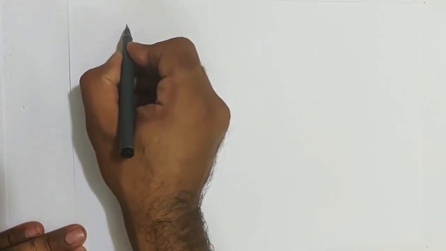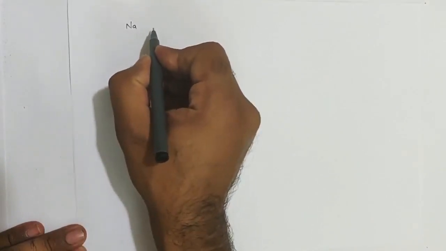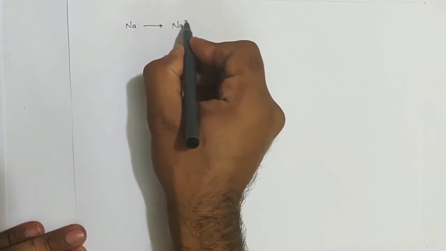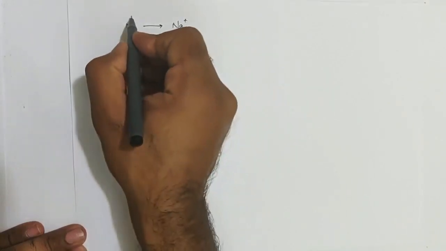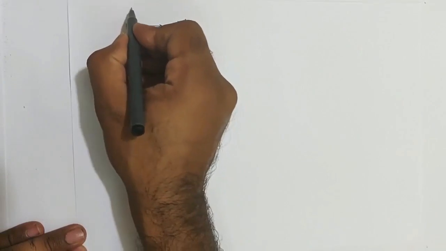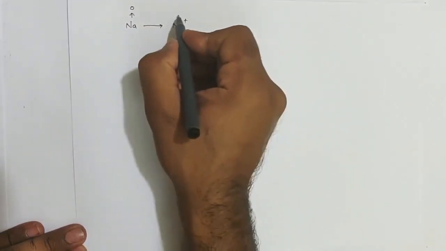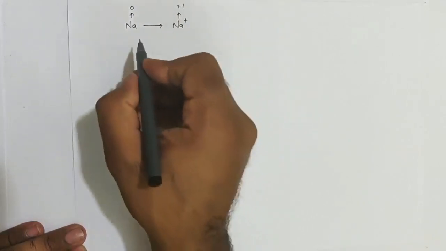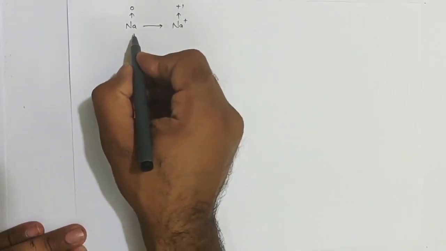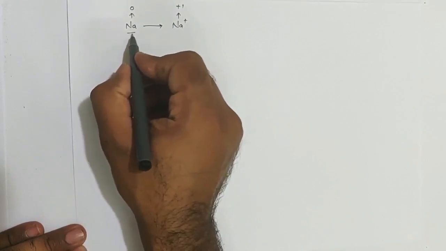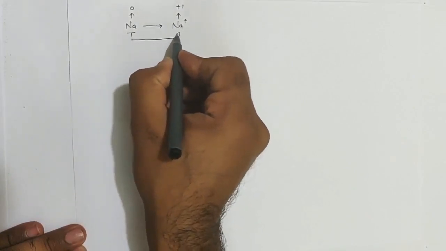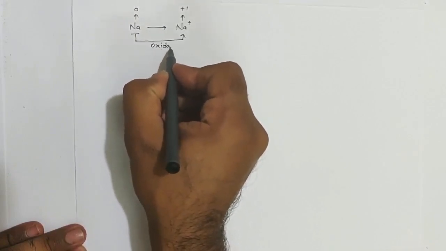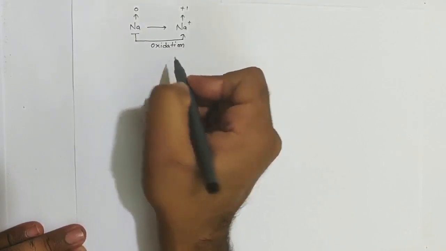For example, when a neutral sodium atom converts into its cation Na+, here the oxidation number of sodium is 0 and the oxidation number of Na+ is +1. According to the modern concept of oxidation and reduction, the loss of electron is known as oxidation. It means this process is the oxidation process.